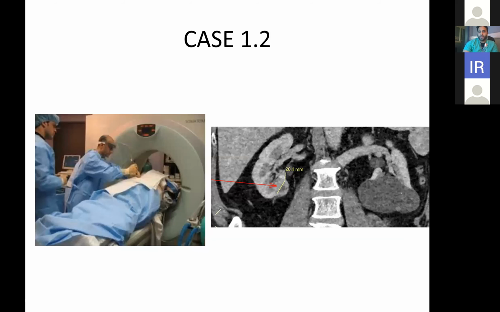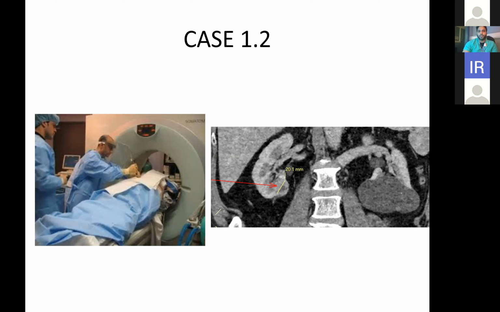And for something like this, because of its positioning, because of its size and location, we would do this under a CT guided biopsy. Now, in our department, when it comes down to focal lesions like this, we often do these under CT guidance because they can get quite difficult with regards to fully visualizing it in ultrasound and accessing it properly.